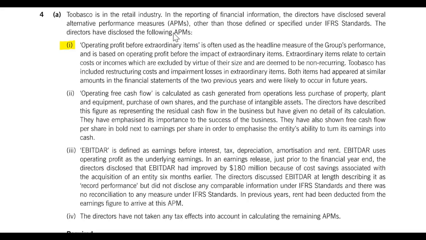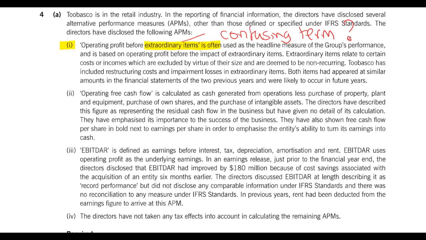Part 1 tells us that there's an operating profit which is used as a headline measure, but this operating profit is before extraordinary items. What is meant by extraordinary items? That is not something which is defined in IFRS. Arguably, that is a confusing term. We're told that extraordinary items relate to things which are deemed to be non-recurring.